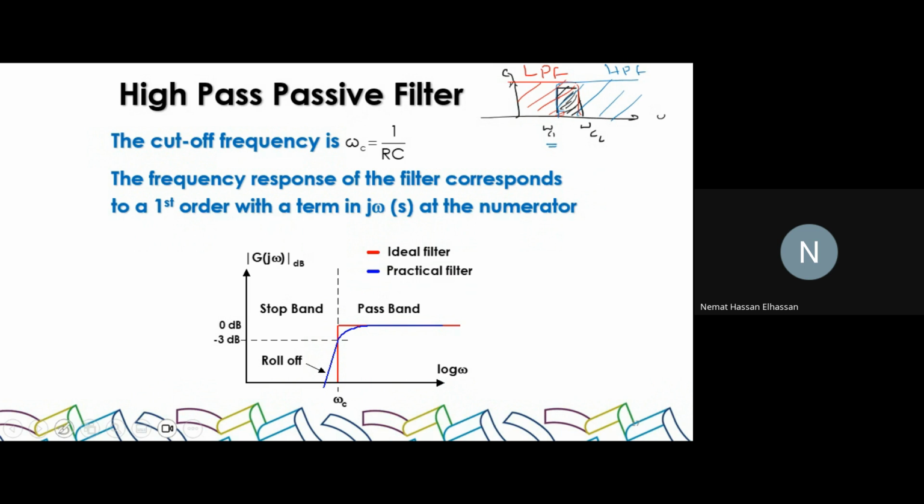So if you plot, for example, let's say I have this signal and we have 3 frequency components, 1, 2, and 3. And let's say that I have a low pass filter connected in series with a high pass filter. Okay? Let's say that the cutoff frequency of the low pass filter is omega L, and omega L is here.